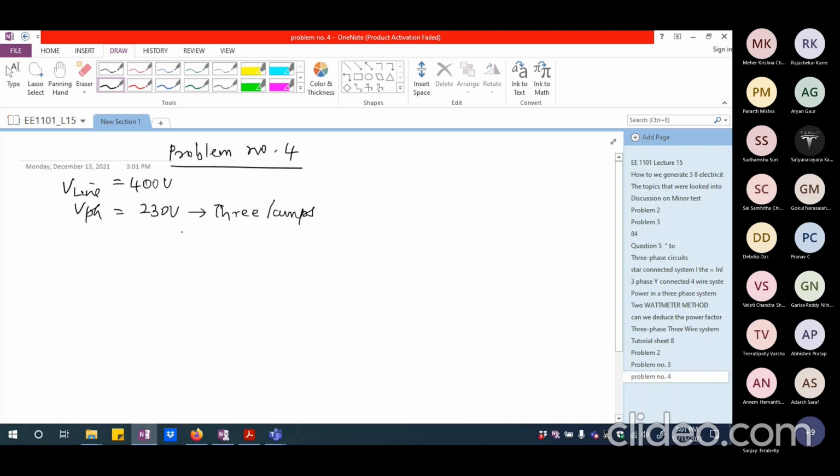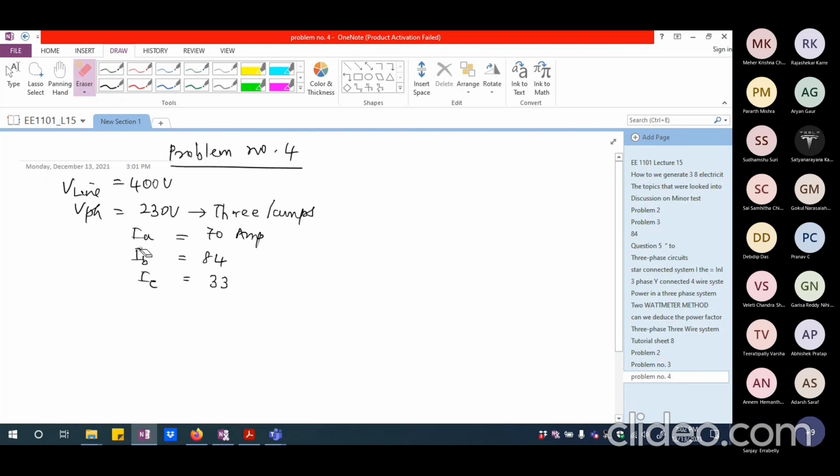One lamp is taking 70 ampere. I'm just assuming, it's not given clearly, that this is from A phase. So this is A phase. The other one is B phase, which is 84 ampere of current. And C phase, which gives 33 amperes of current.